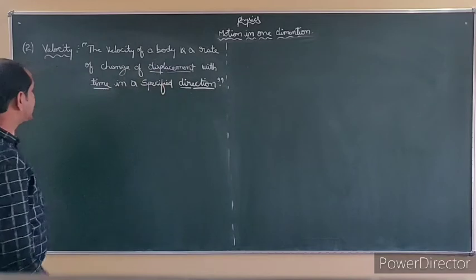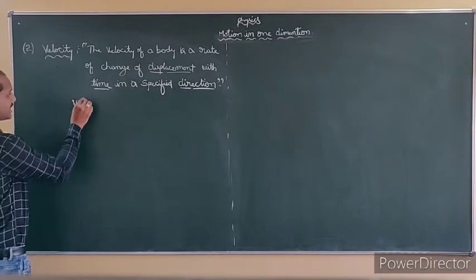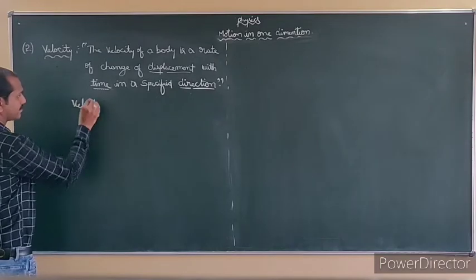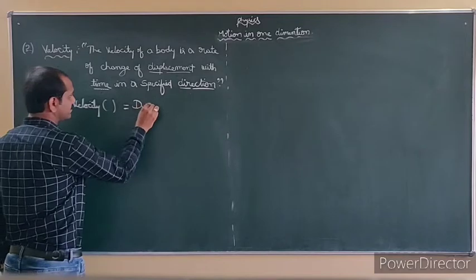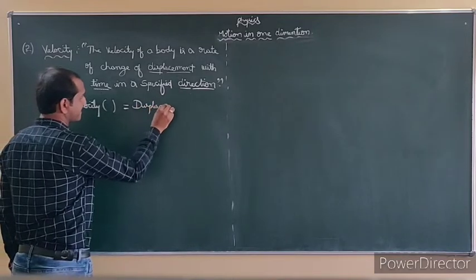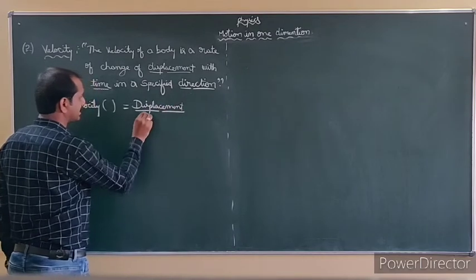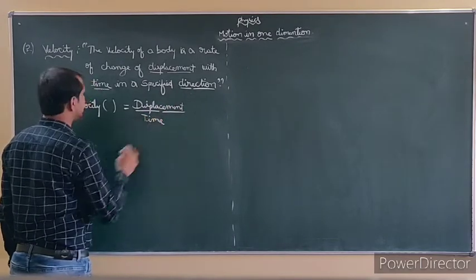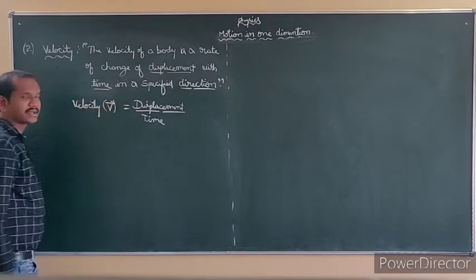Understand? Mathematically, we can write velocity as rate of change of displacement by time. We know that velocity is denoted with the letter V and an arrow mark above it.